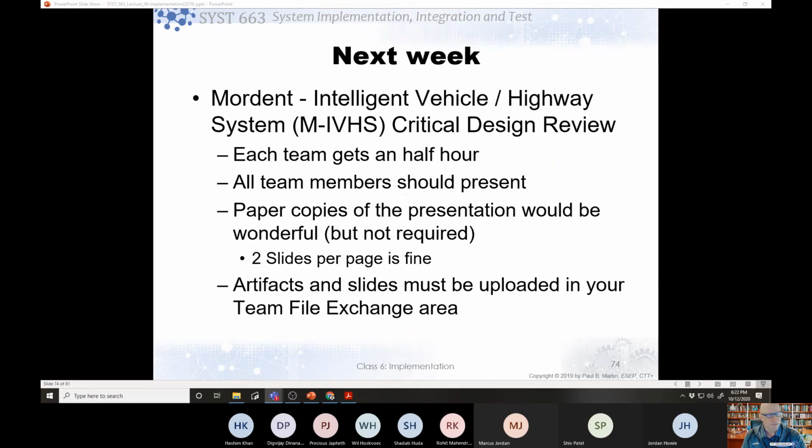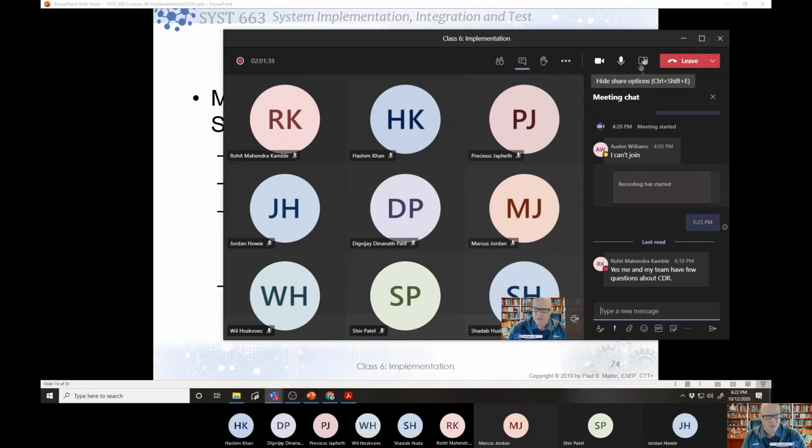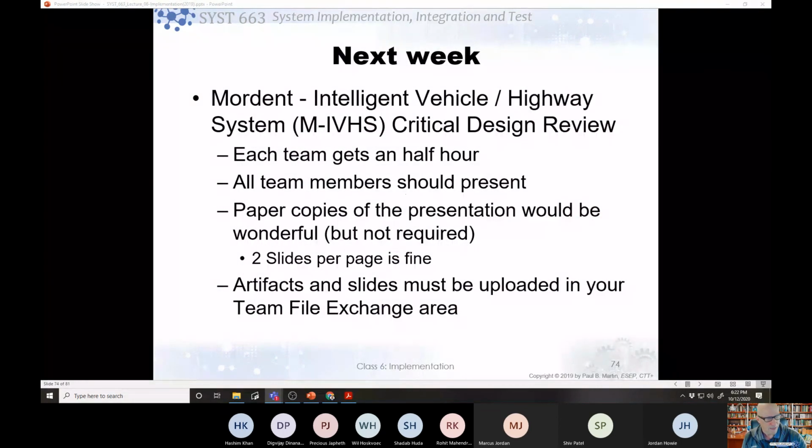You should be able to go to the top up here where it says share your PowerPoint or your screen, whatever makes sense to you. If you can find one of your teammates with a better computer system, one that's not as flaky with the CDR and Microsoft Teams, that would be great. And of course, don't forget your team file exchange.